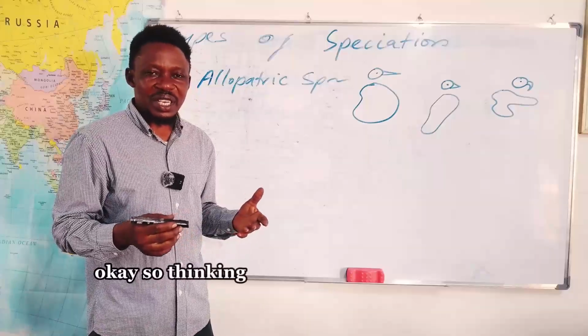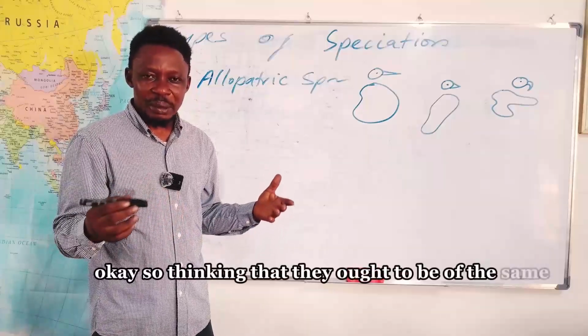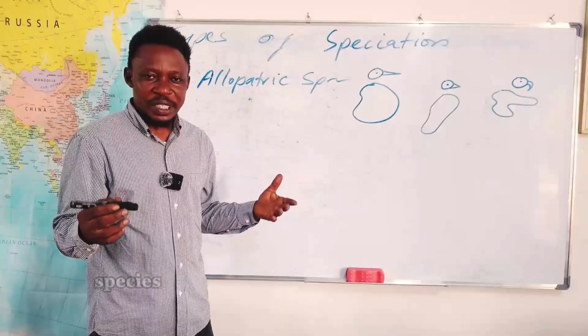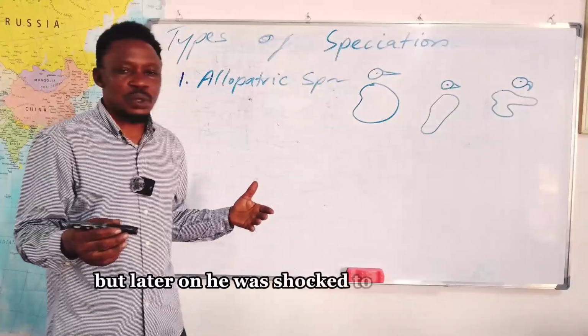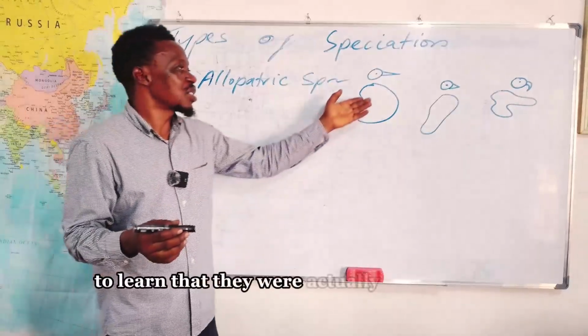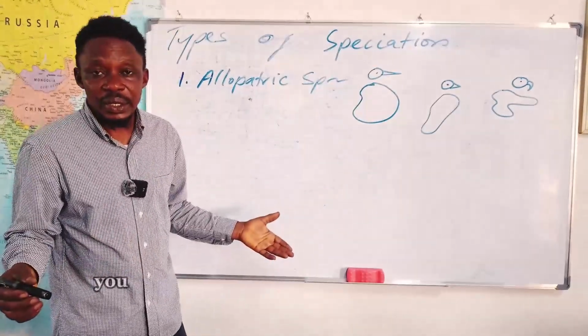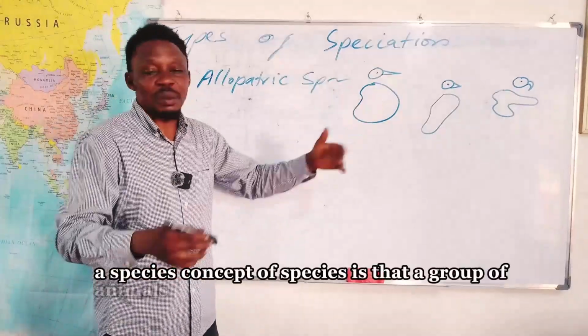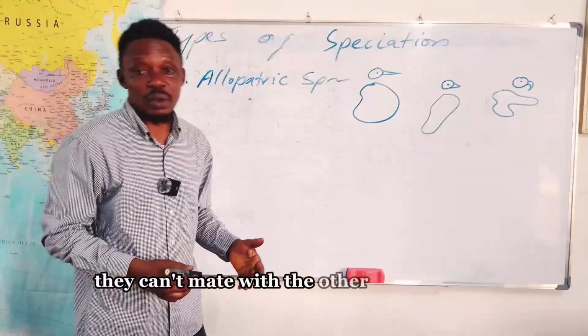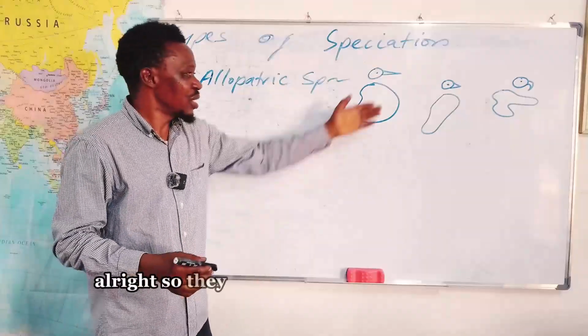So thinking that they ought to be of the same species, later on he was shocked to learn that there were actually different species. The concept of species is a group of animals that mate among themselves and can't mate with the other ones naturally.